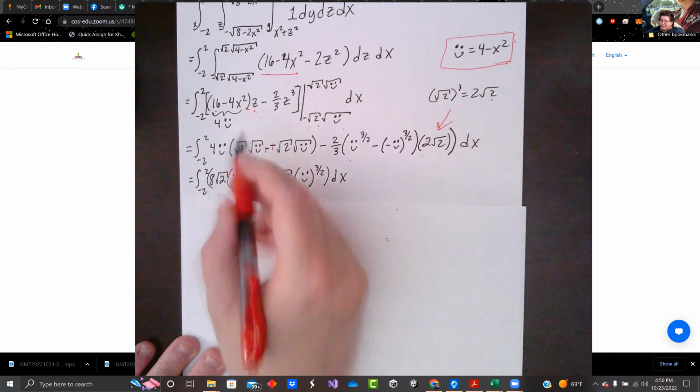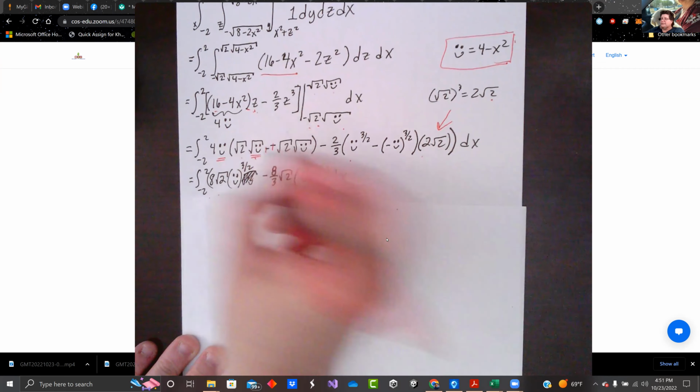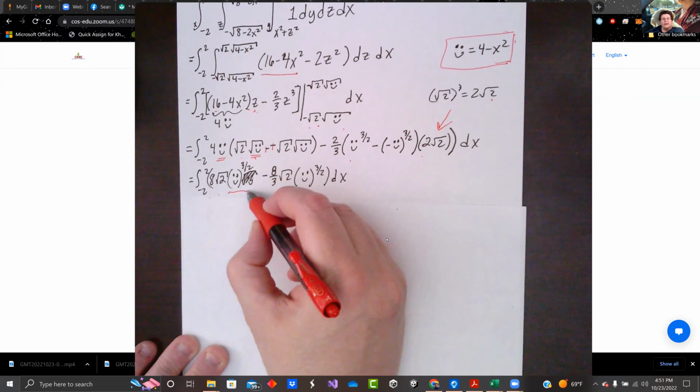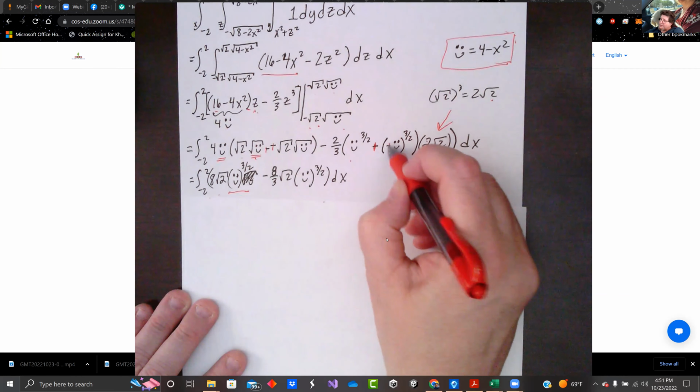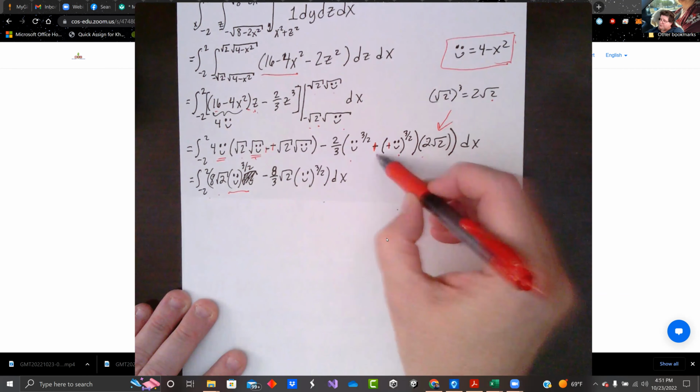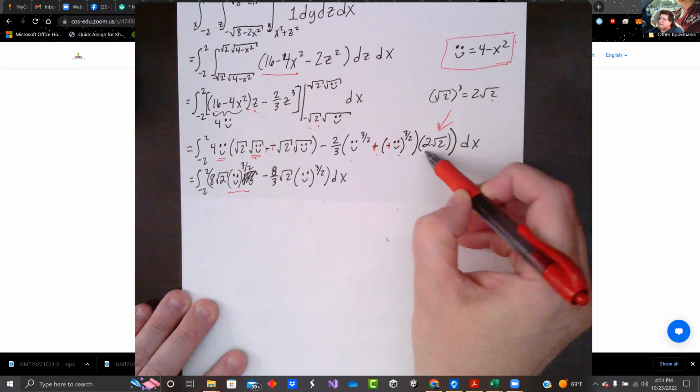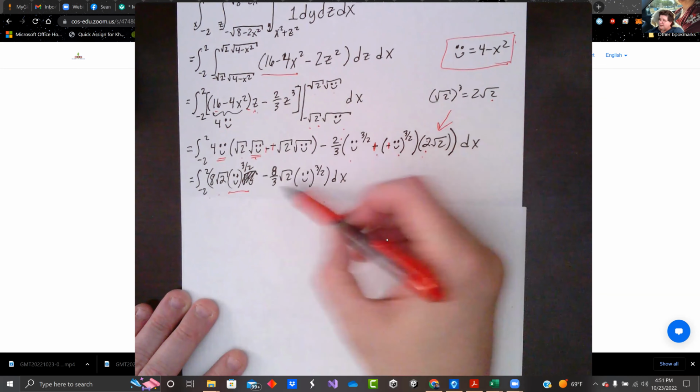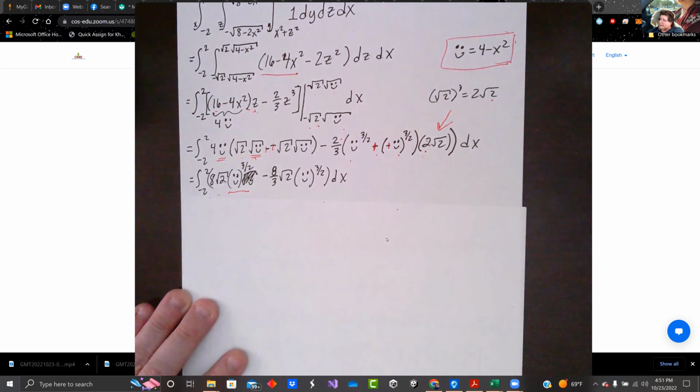And we've got a smiley face out here. Smiley face times square root of smiley face is smiley face to the 3 halves. Then on the other one, this turns into a plus, and we've got two of those. So 2 times 2 root 2 is 4 root 2, times 2/3 is 8 over 3 root 2.